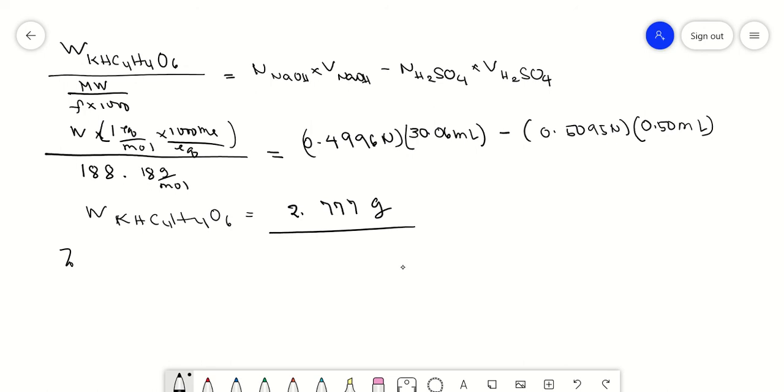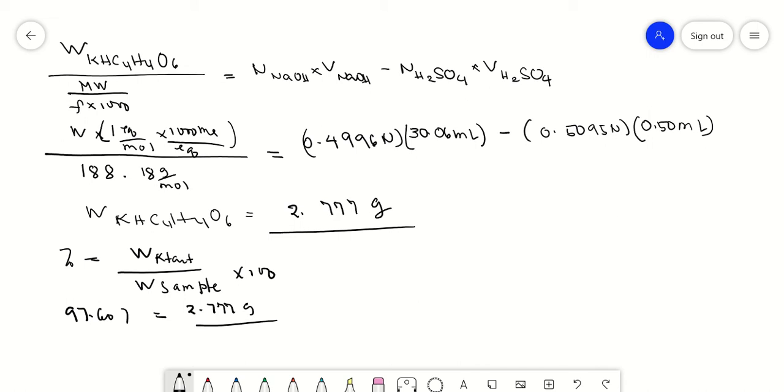Our objective is to determine the weight of the sample. So percentage of purity is equal to the weight of potassium bitartrate divided by the weight of the sample times 100. We are given the percentage purity, which is 97.60%, equal to 2.77 grams divided by the weight of the sample times 100.